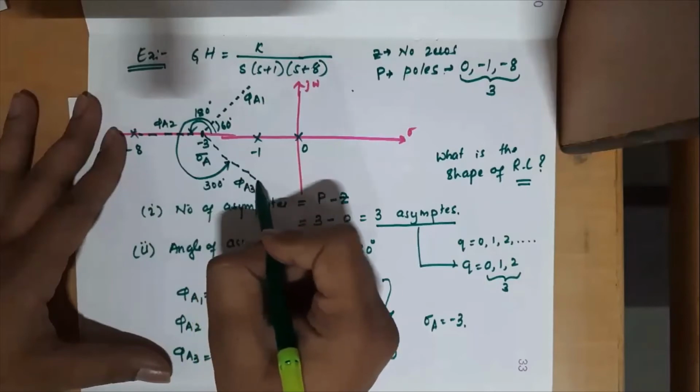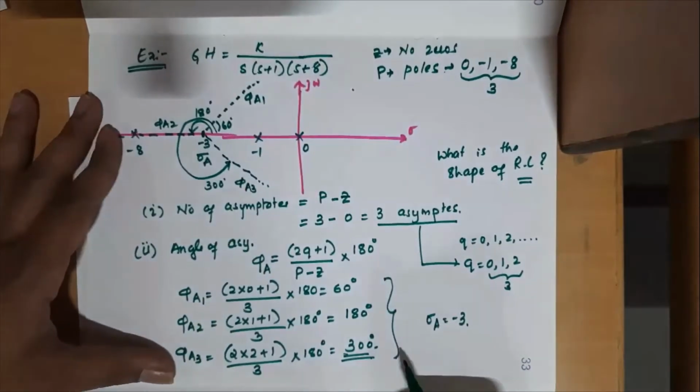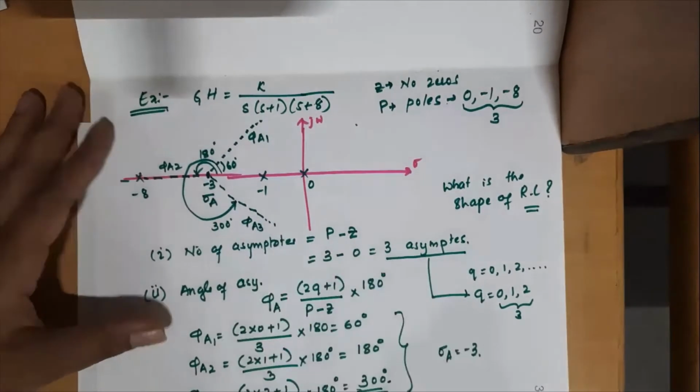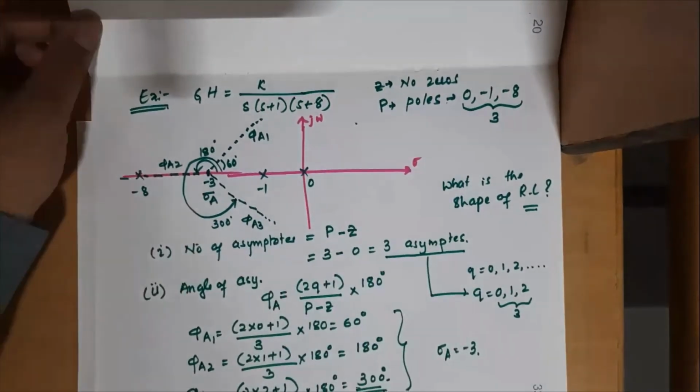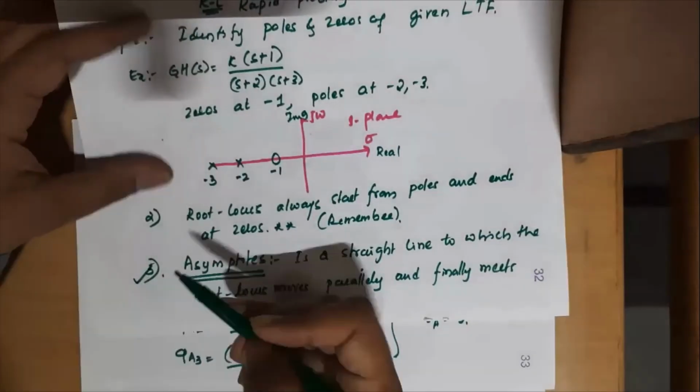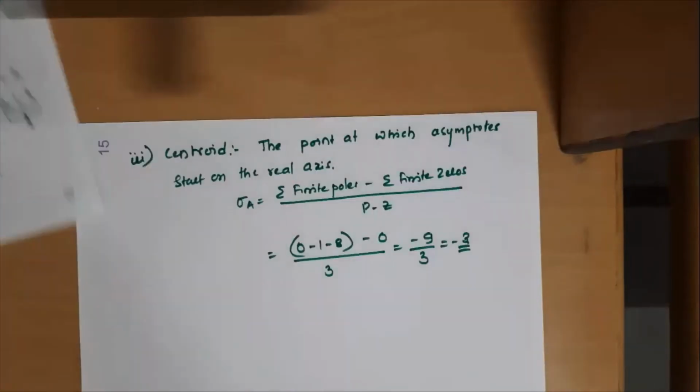These asymptotes will give us a hint about the shape of the root locus. How to make use of this hint, we'll look into that later. As of now, just understand how the asymptotes are drawn. So the third step is done now.